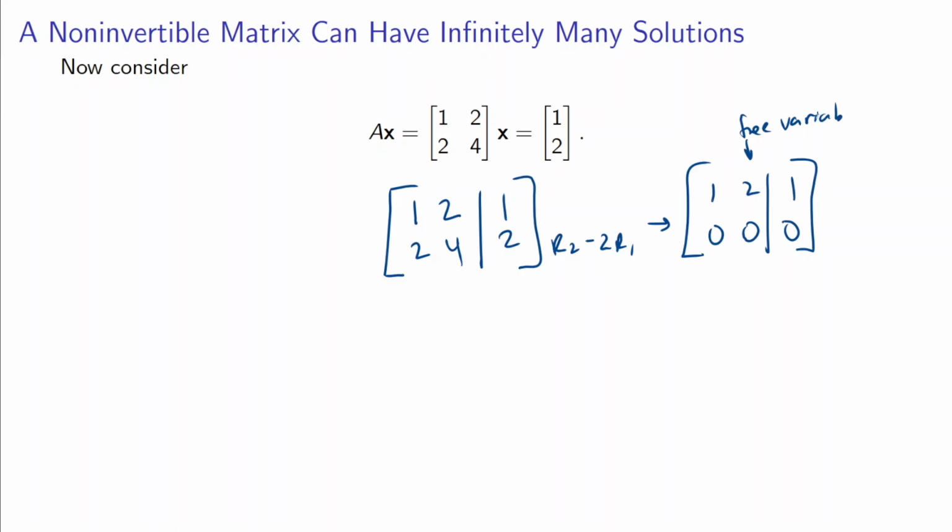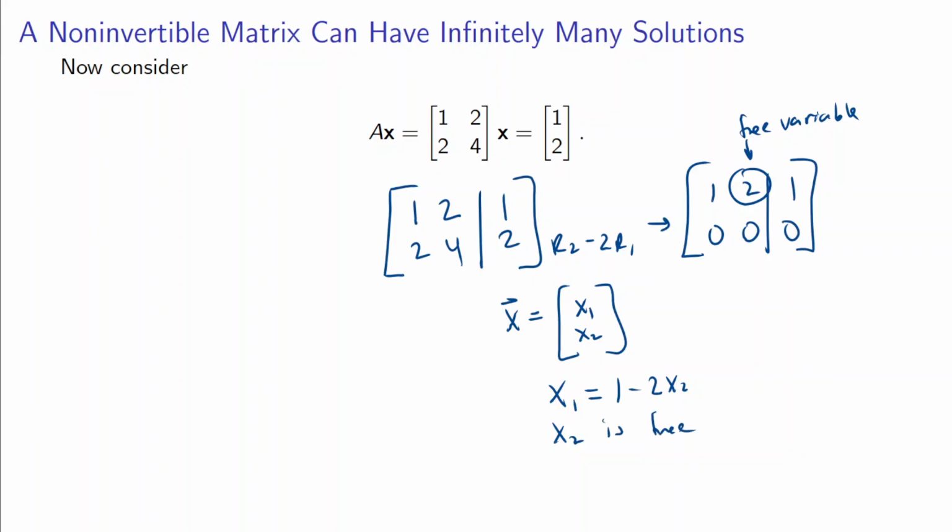We have a column without a pivot, and so we have a free variable. If x equals x1, x2, then we might have x2 as our free variable, and x1 equals 1 minus 2x2. Same matrix A that is non-invertible, but this time instead of no solutions, infinitely many solutions. So those two possibilities occur in these situations.